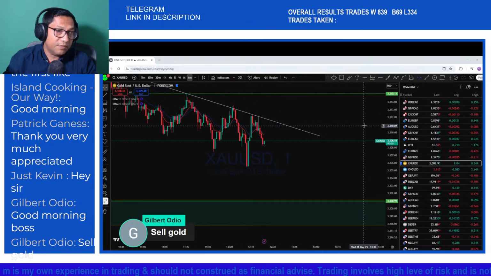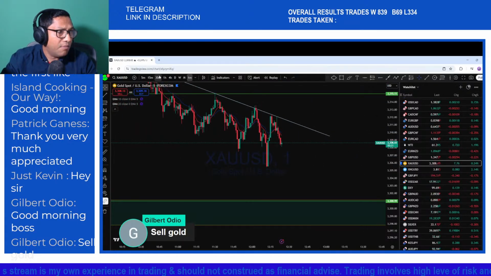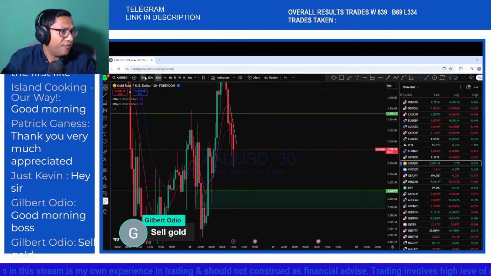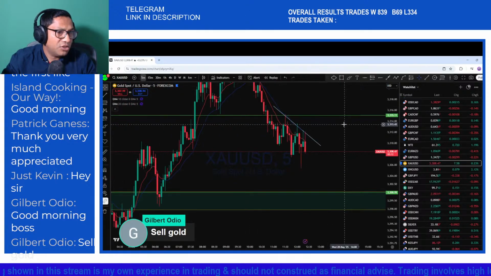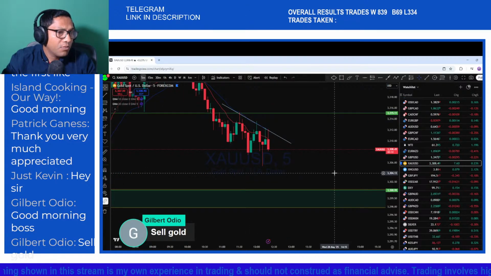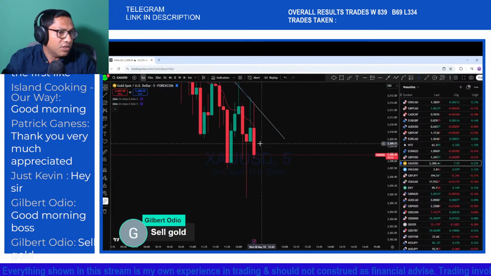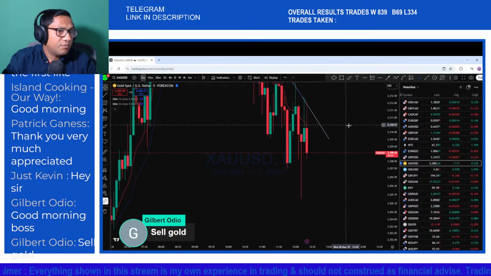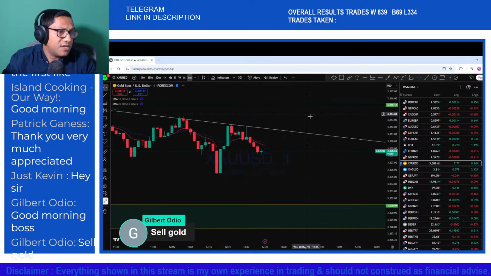Here we can see some kind of pullback at the moment. If you look at the 30 minutes and also the 5 minute chart that I'm looking at on the lower time frame, the 5 minute candlestick pattern is showing a bearish move. But there is a wickless candle to the upside that might give another potential momentum.